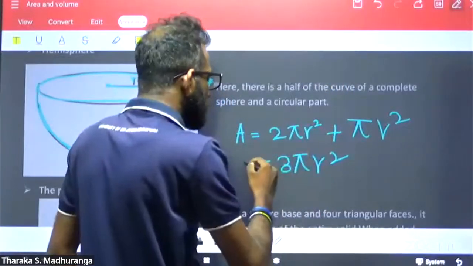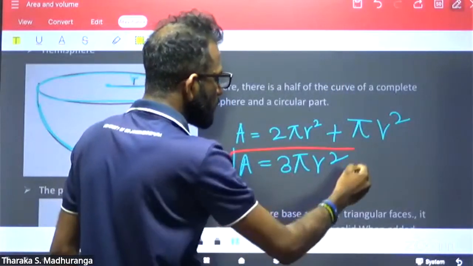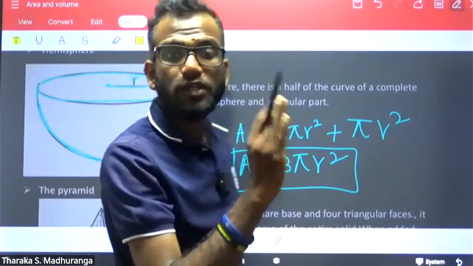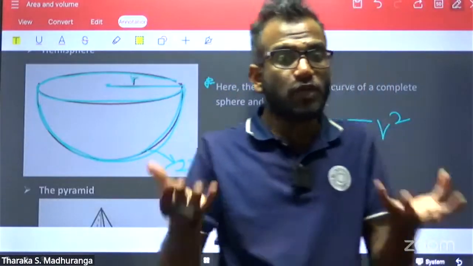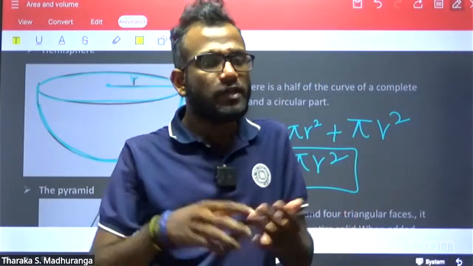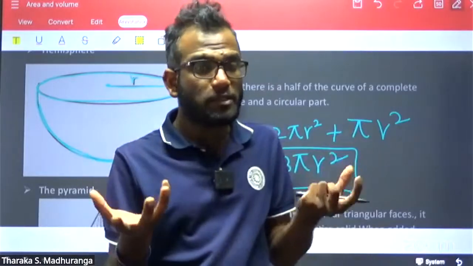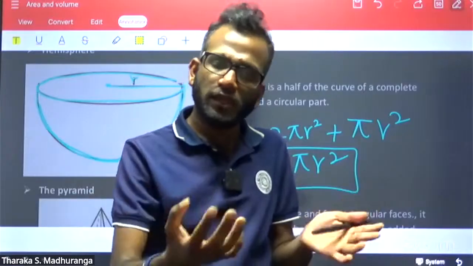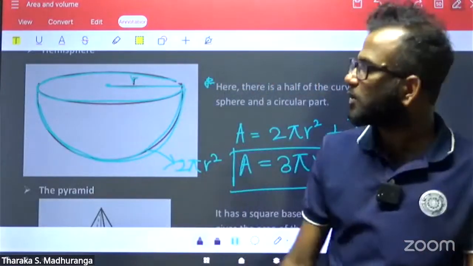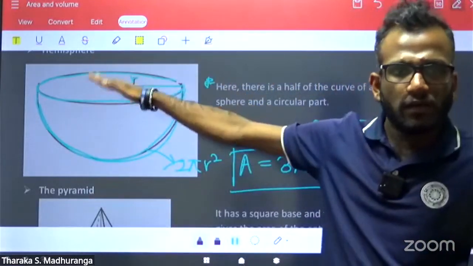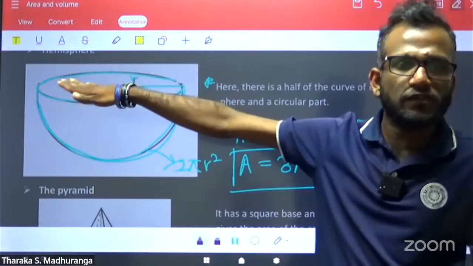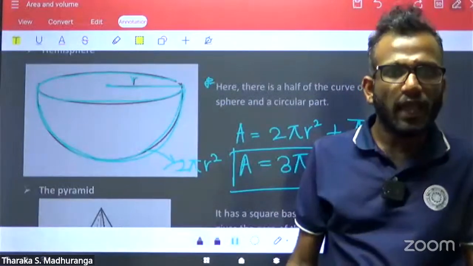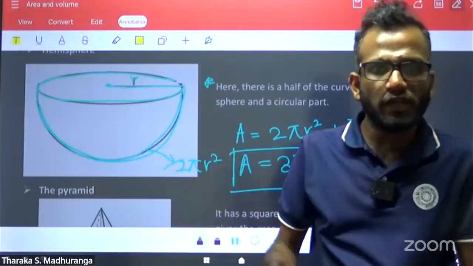But remember, this 3 pi r squared equation applies only to a solid hemisphere. If it is a hollow hemisphere, like a tennis ball cut into two parts, it is 2 pi r squared because it doesn't have the circular surface. Understood? Hollow hemisphere, 2 pi r squared only.